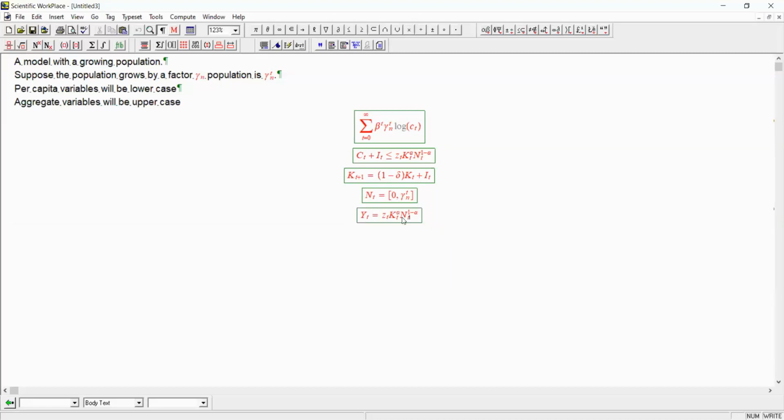The firms that live in this environment are going to be maximizing their profits, which are of course the output minus the wage times labor minus the rate of return to capital times capital.